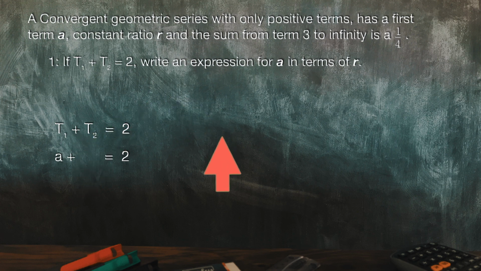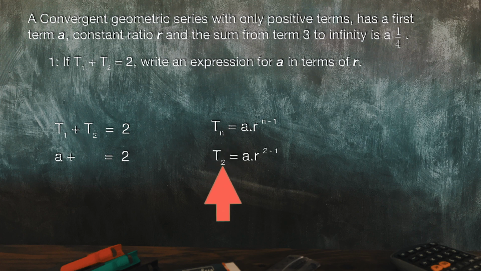So we go to this general formula. Now why this specific one? Because we're busy with a geometric series. So the term in the unknown position is equal to a times r to the power of n minus 1. We want term 2, so in the place of n, we are simply going to put a 2.